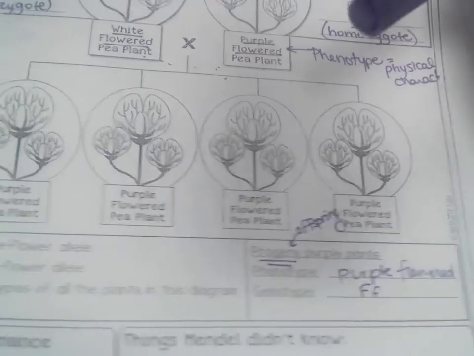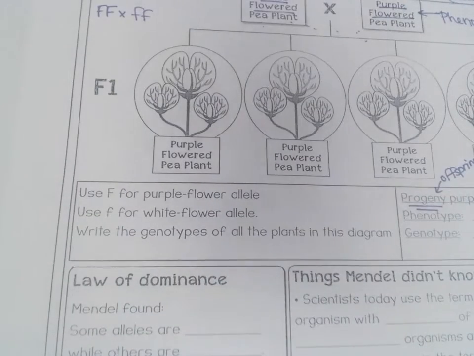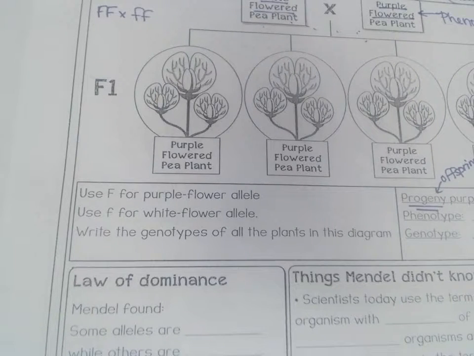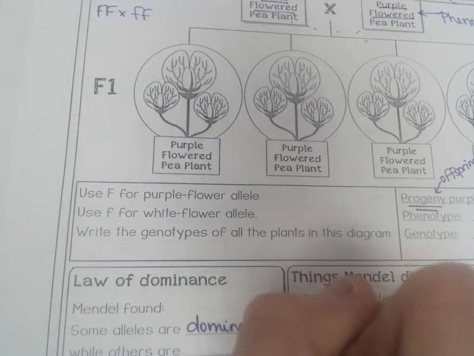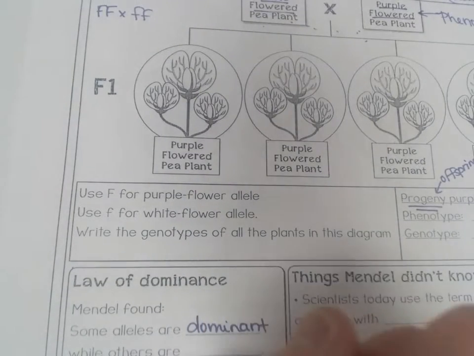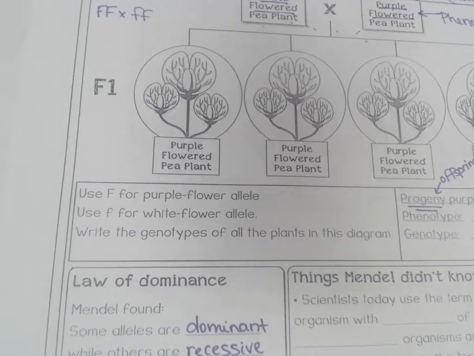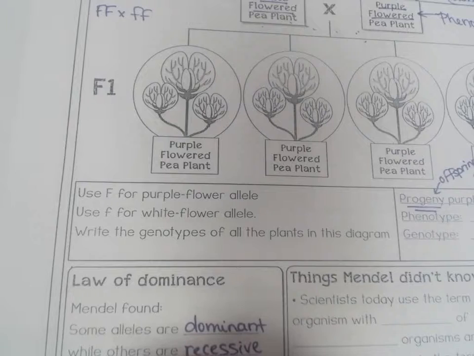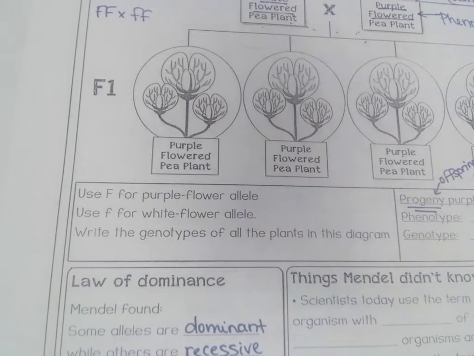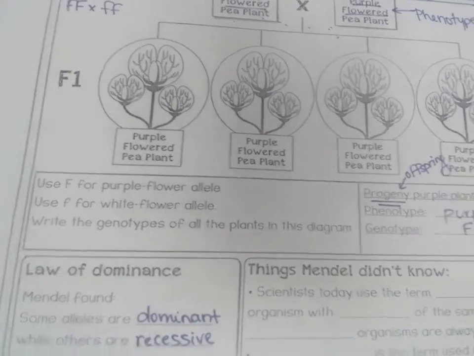Now, this is called the law of dominance, because Mendel found that some alleles are dominant while others are recessive. An organism with one dominant allele will display the effect of that dominant allele. So that's what Mendel figured out, but he didn't know some other things that we determined later.